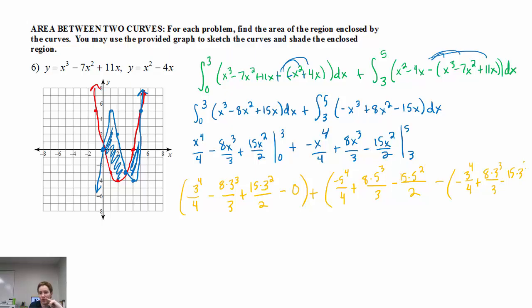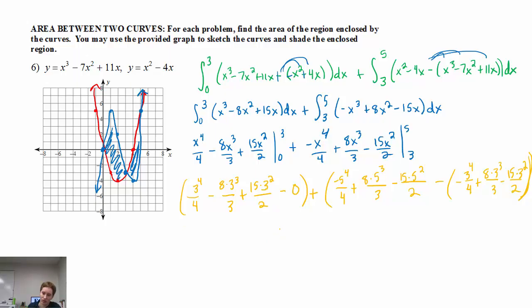And these problems can be very frustrating because they're pretty long and kind of tedious, and unfortunately that's the way life goes sometimes. So either plug this all into the calculator, or try to do it by hand. And either way, it's not super pleasant. I went ahead and powered through doing it by hand, but it did not go super well.